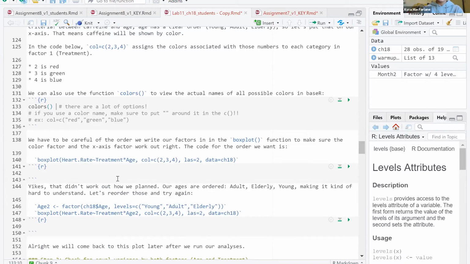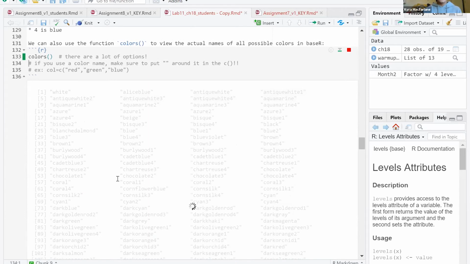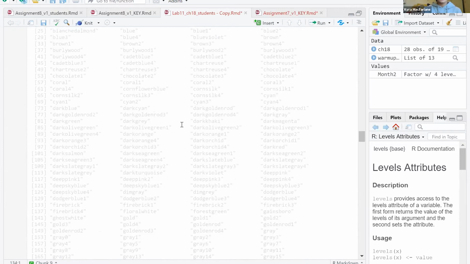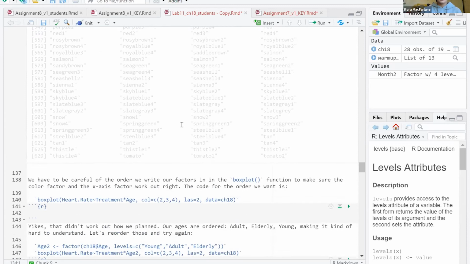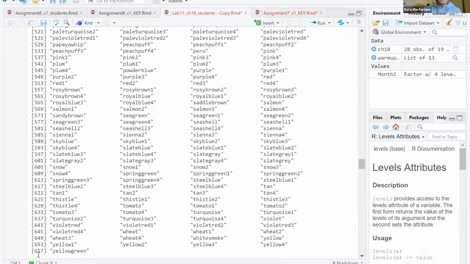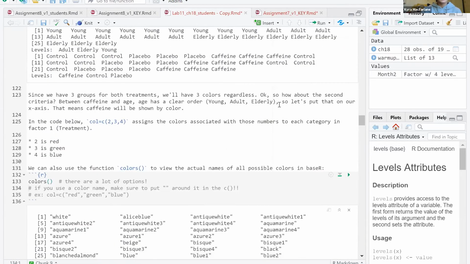So if you run this colors line, R prints out all of the colors that it has stored already. And you'll notice that there are a lot of colors. There's 657 colors.